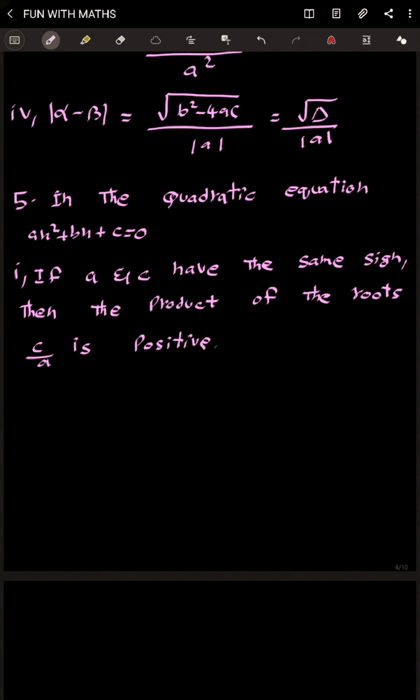So in the quadratic equation ax square plus bx plus c equal to 0, if a and c have the same sign, meaning both have positive sign, then the product of the roots c by a is positive, so their product will also be positive.